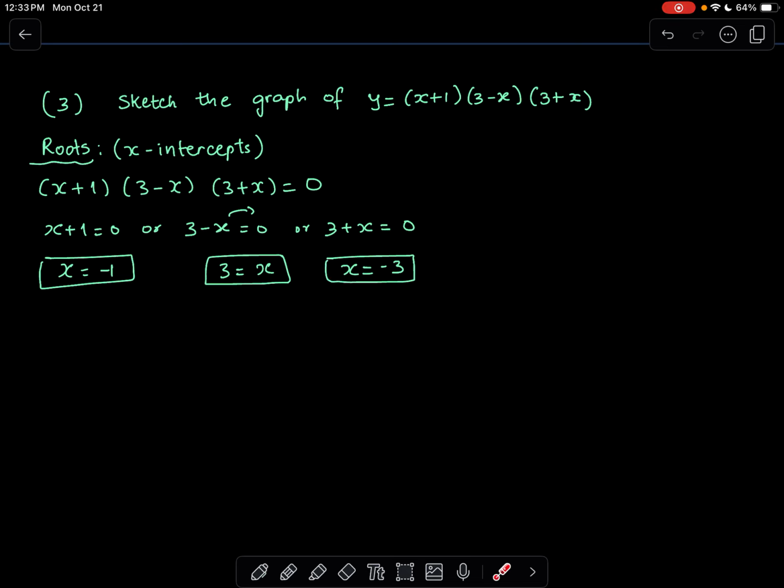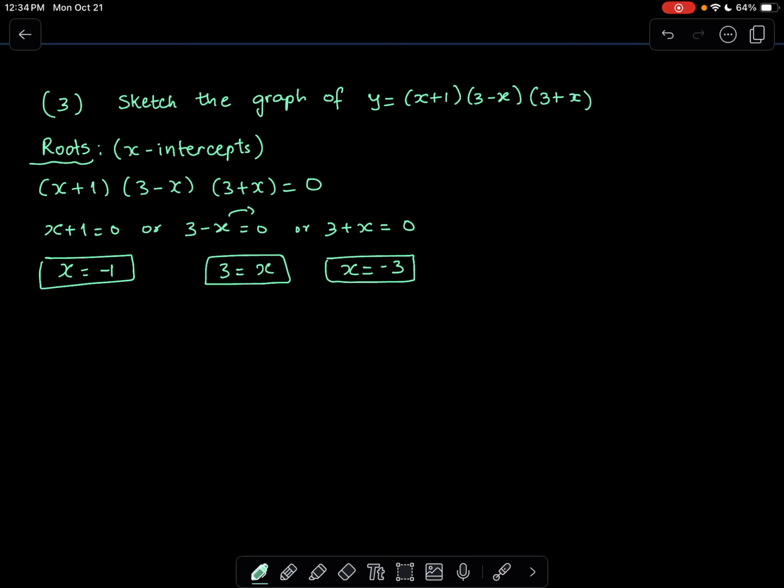An easy trick to avoid all these steps would be that the root is always opposite to this. So if you're having +1, the root would be -1. If you're having +3, the root would be -3, and if you're having x plus 3, then the root would be -3. So it's opposite to what you have over here, right?